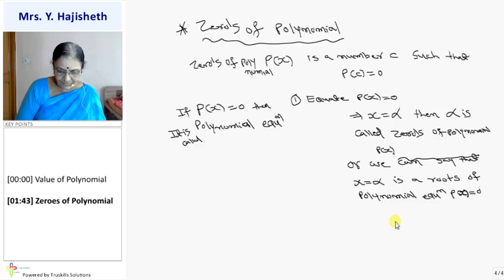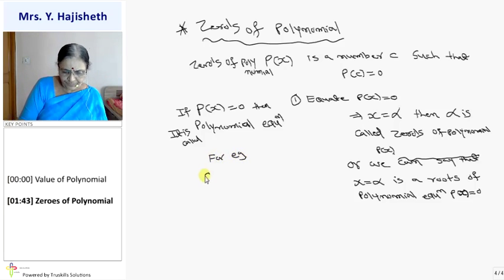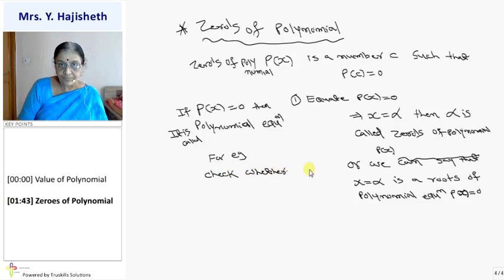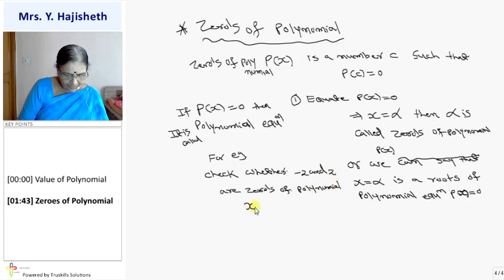For example, check whether -2 and 2 are zeros of polynomial x plus 2.